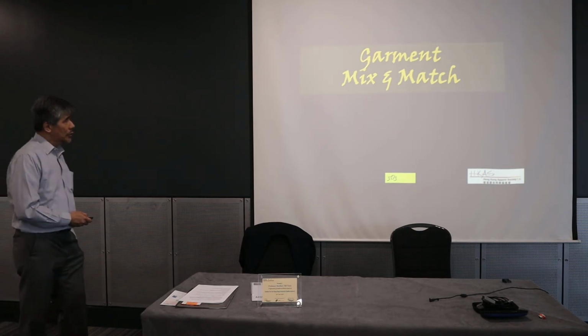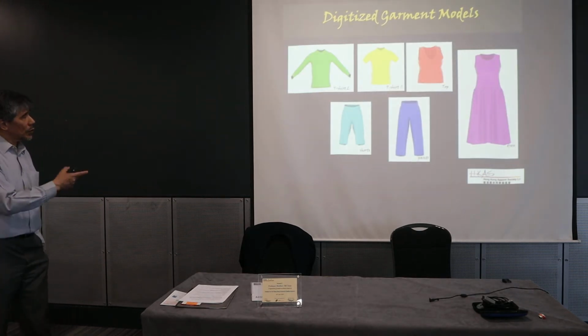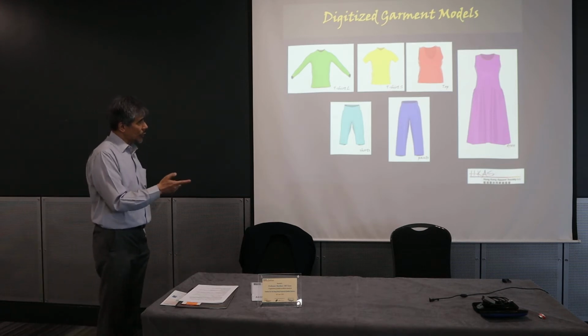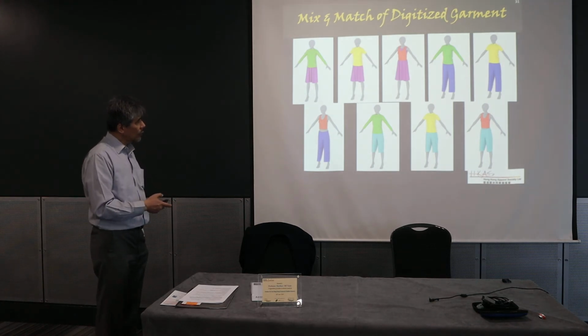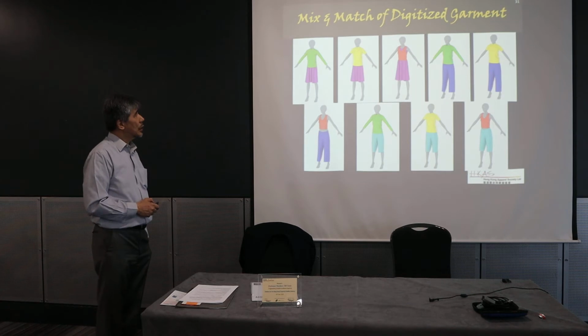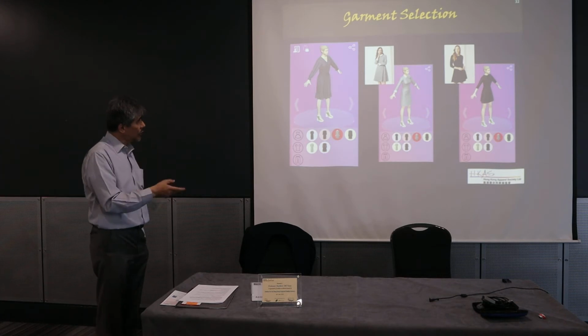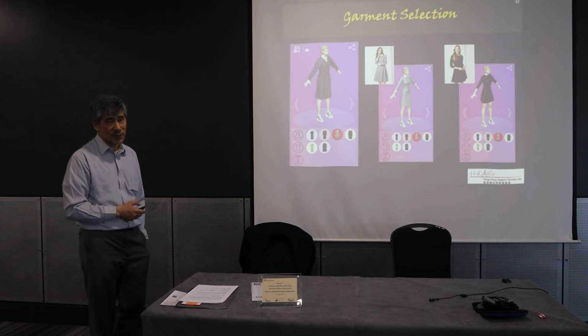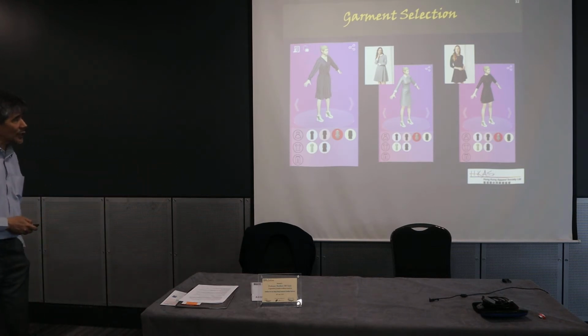So, mix and match. This is from a Rubberfly student a few years back. These are t-shirts, dress, and pants and shorts. You can combine them together, and then you will be able to come up with different mix and match of the digitized garment. And this is the recent work that he has been doing, right? These are dresses from Marks and Spencer, basically pictures of Marks and Spencer, so we are replicating them.